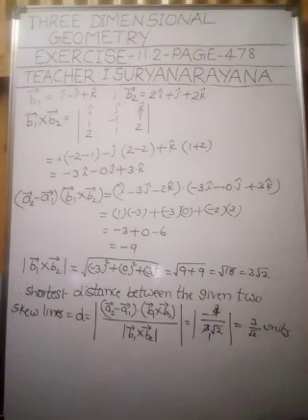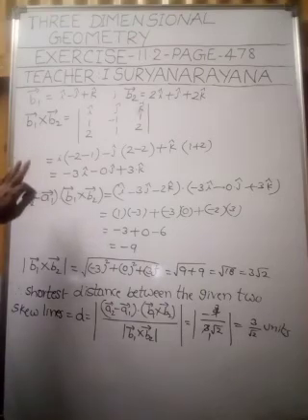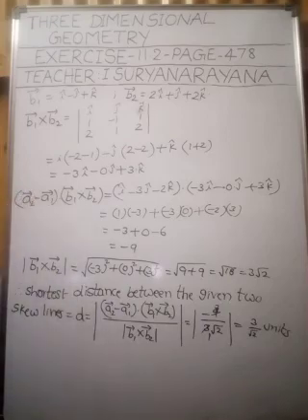Okay, my children, understood? So follow the same steps to find the shortest distance between the given two skew lines. In the 15th question, the lines are given in the Cartesian form. I have given the formula to find the shortest distance between the two skew lines when the two lines are given in the Cartesian form.